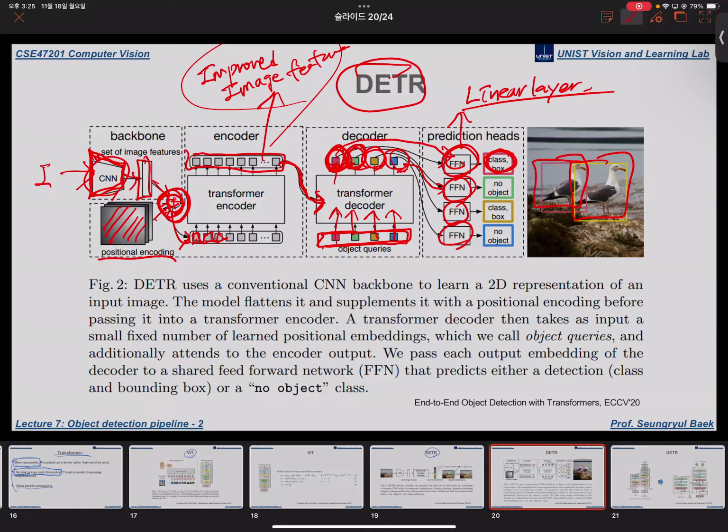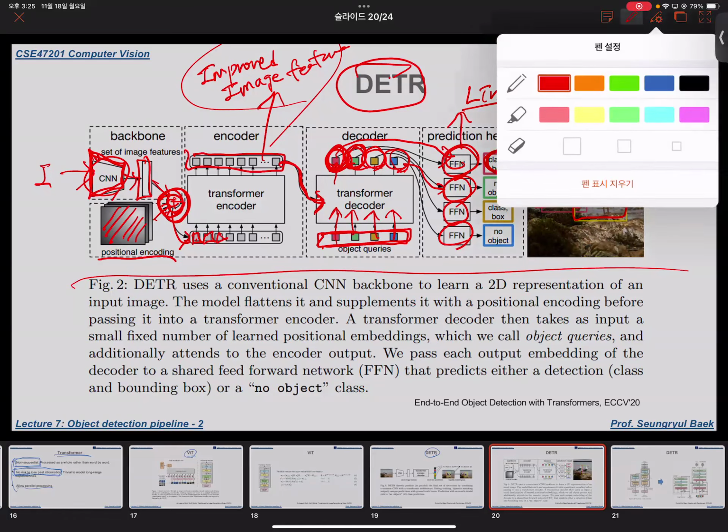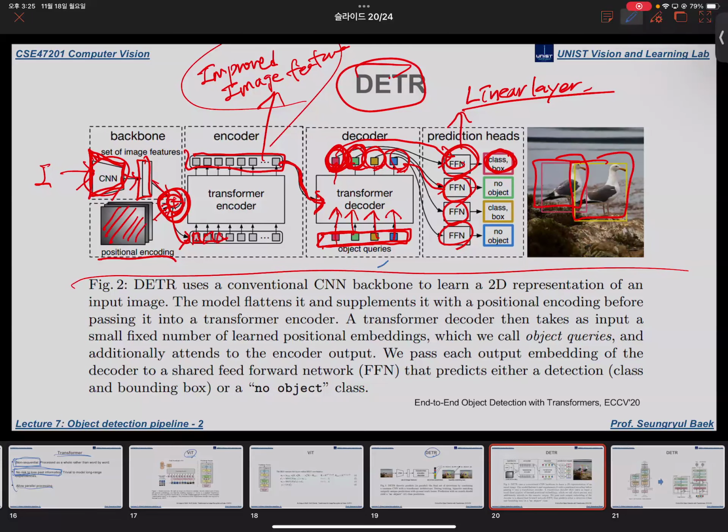Okay, so overall, the pipeline looks very similar to the NLP transformer, right? But a very important difference lies here. I want to remind you of how the transformer operates in the NLP domain.